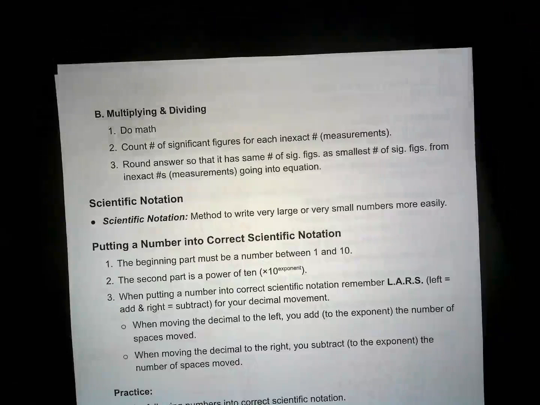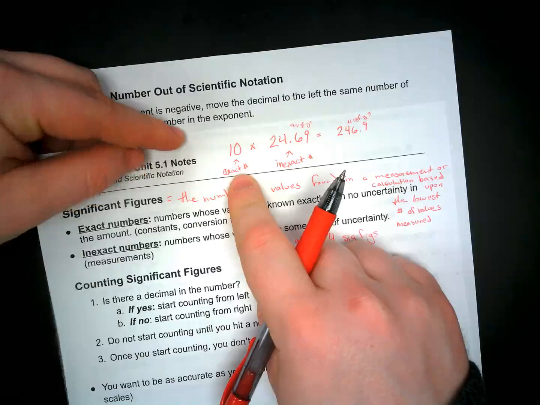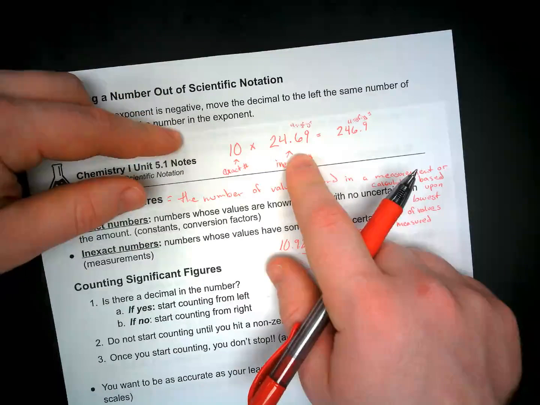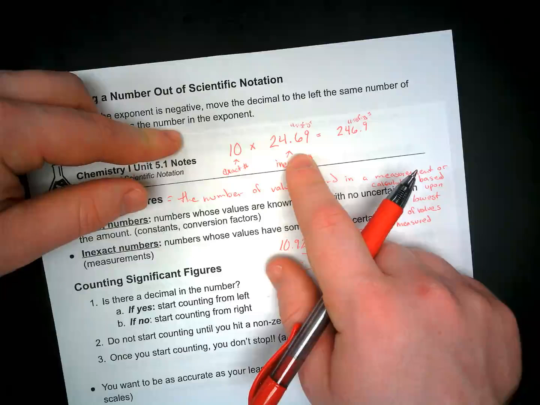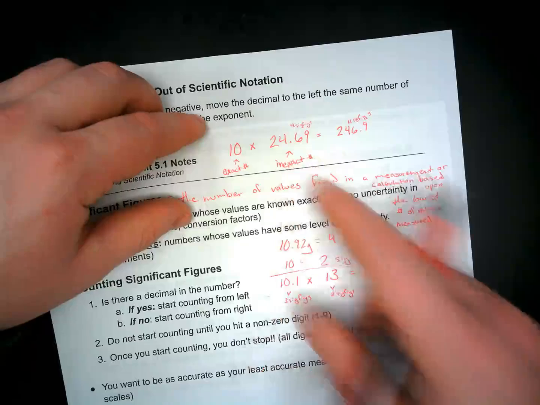That was like the problem that we did on the front there. If this 10 is an exact number, while this 24.69 is inexact, we only focus on the number of sig figs of the inexact number.